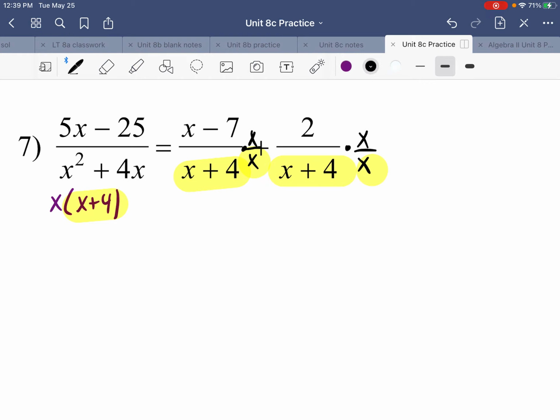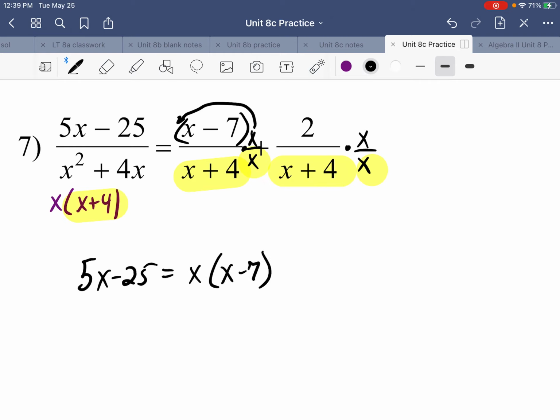Let's look at our numerators. I'm actually going to take this x and move it over to the other side. And I would do the same with this x, but the 2 is a monomial, so I don't have to do any kind of distributing. So we have 5x minus 25. Just looking at the numerators. 2 times x is 2x.